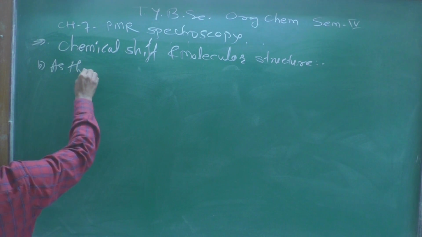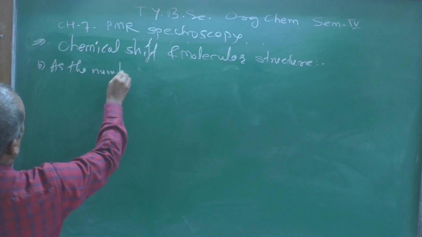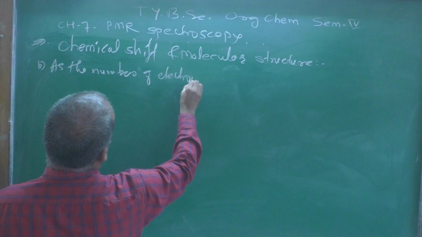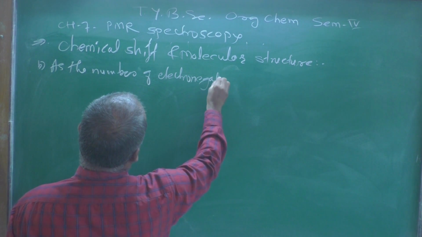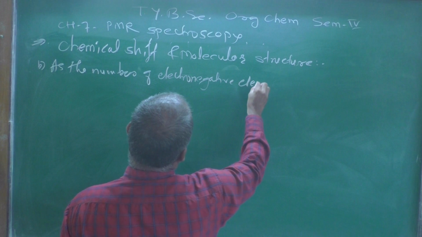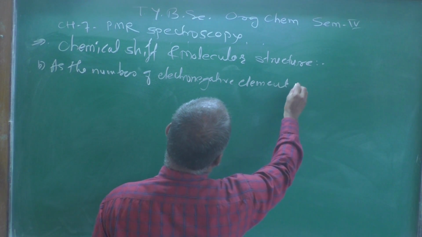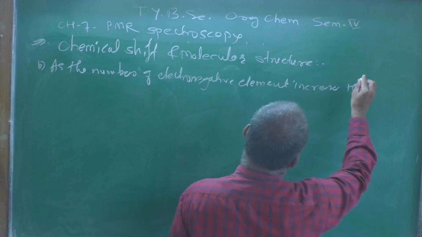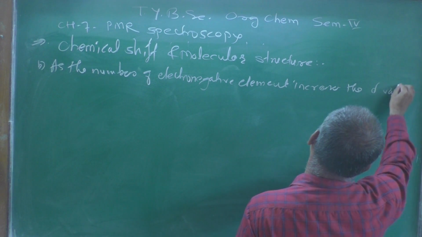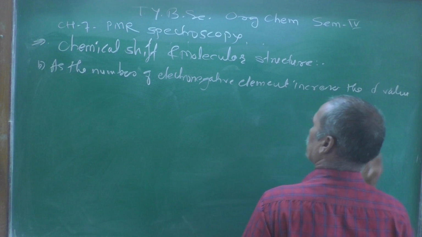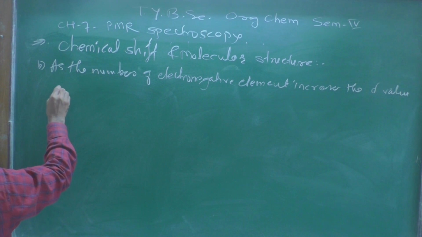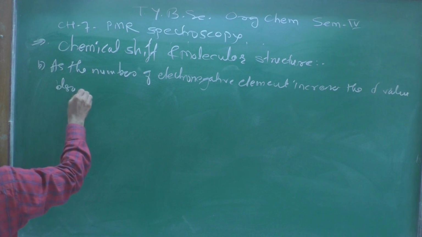As the number of electronegative elements increases, the delta value also increases.